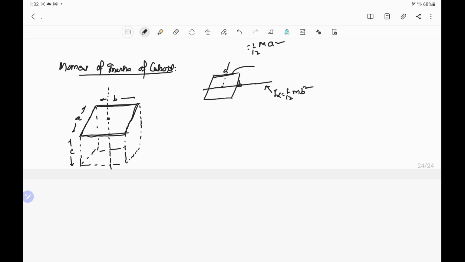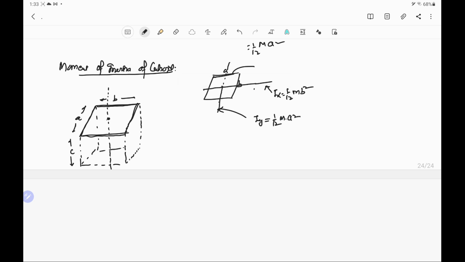And similarly for the other axis, say y, Iy equal to 1 by 12 into m into, the side parallel to this axis is B, then we will take here A square.